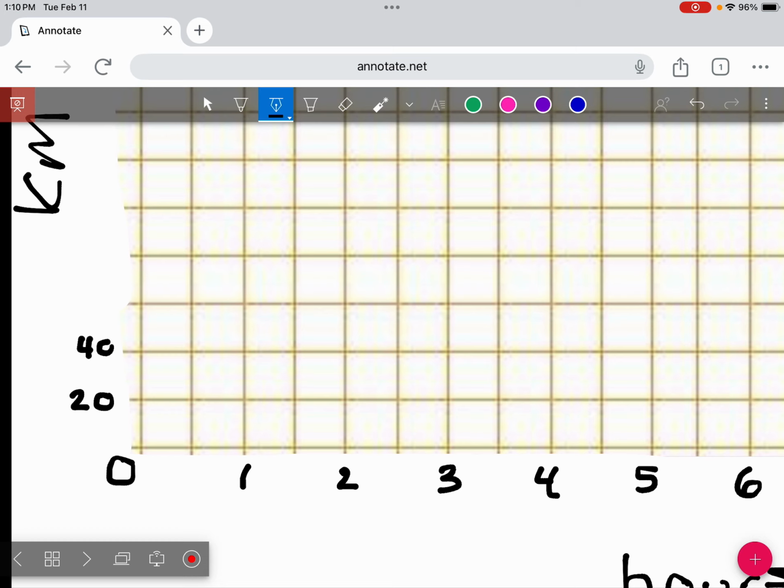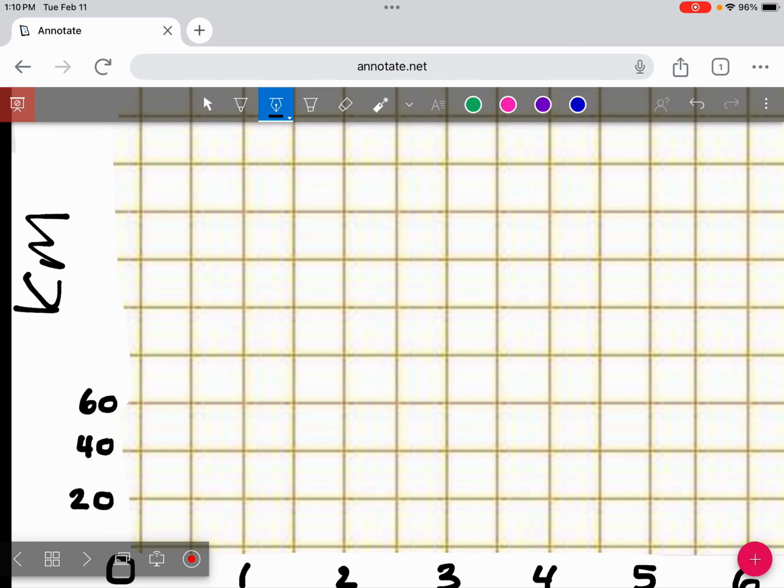That's all I'm doing, and I'll put Maria's on here, and we'll do everybody else's together.